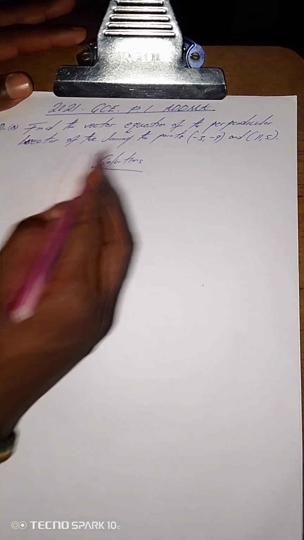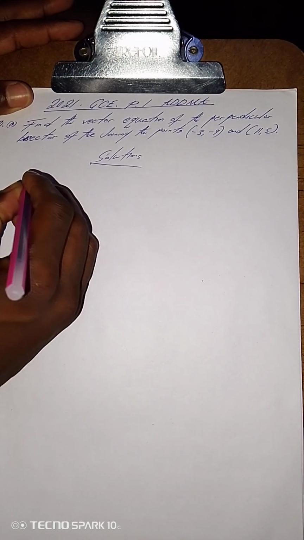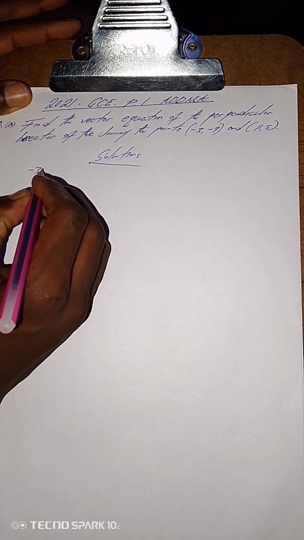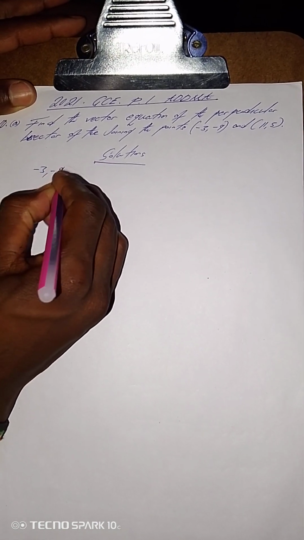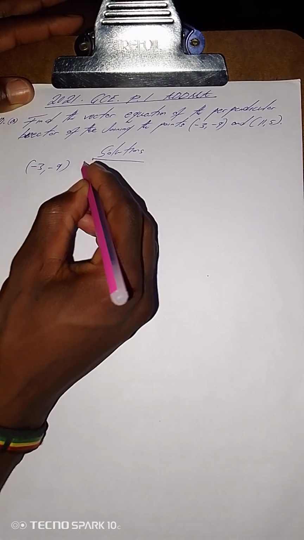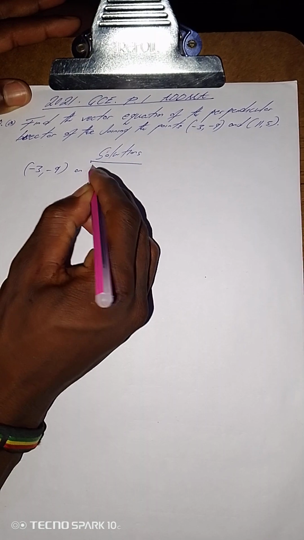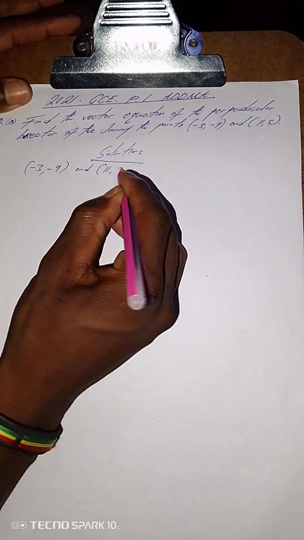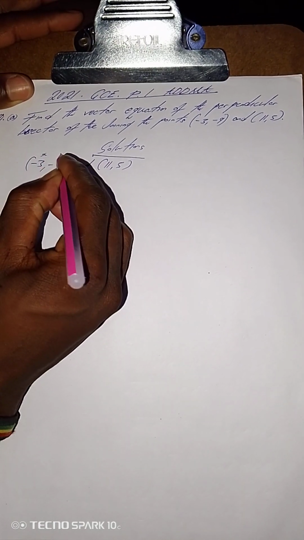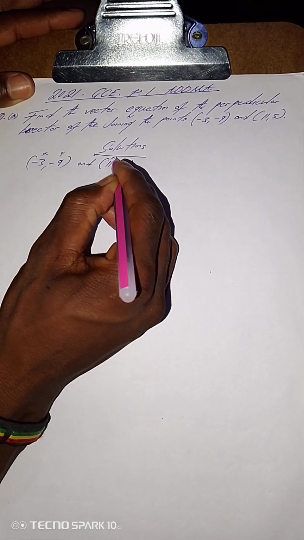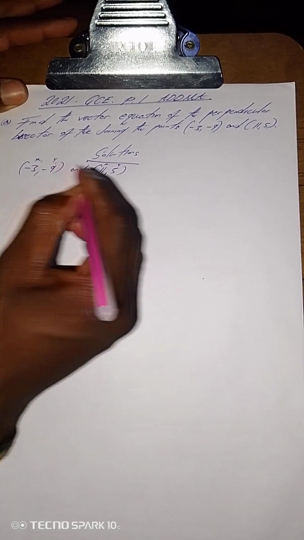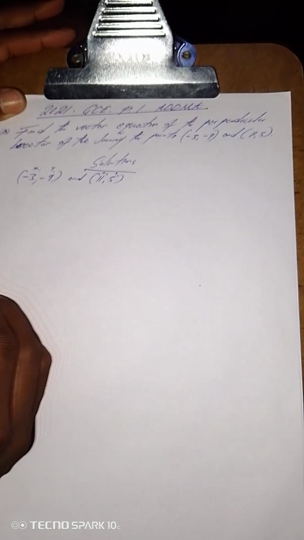So now I'll write the coordinates here. They are -3, -9 and 11, 5. So this is x, this is y, x, y, so x1, y1, x2, y2, like that.